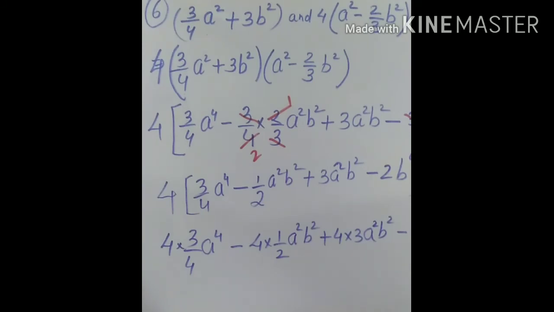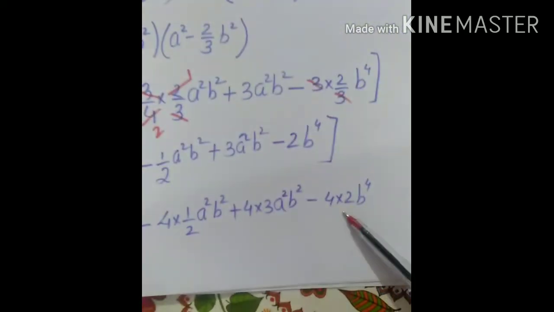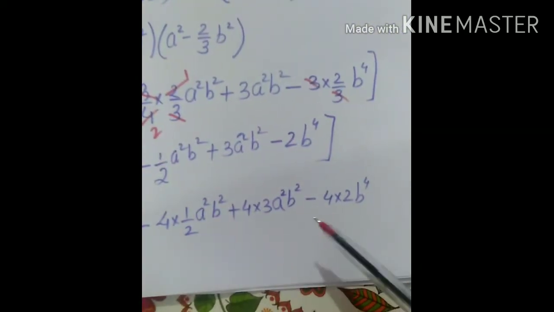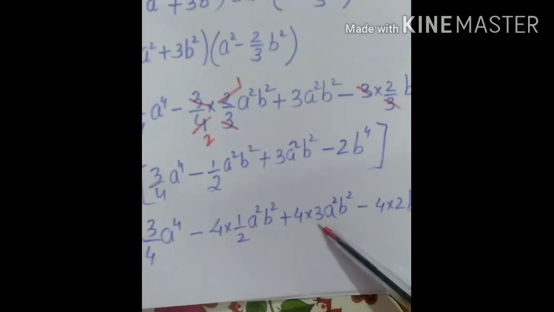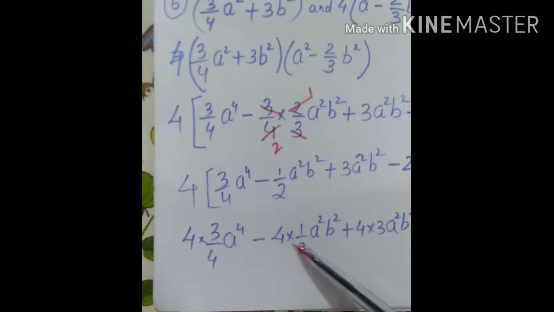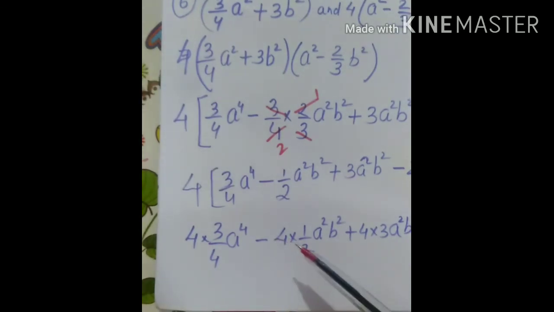Then the same 4 is multiplied to minus half a square b square. Then 4 is multiplied to 3a square b square, and then 4 is multiplied with 2b to the power 4. Now 2 into 4 is 8, 4 into 3 is 12, and here we can solve it. This 4 can be cancelled two times with this 4.